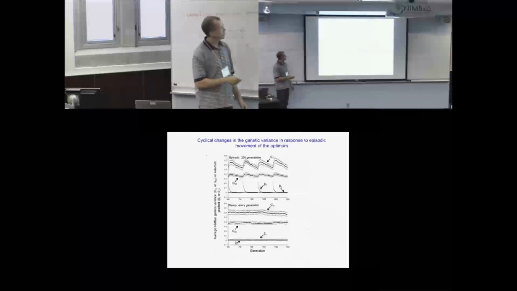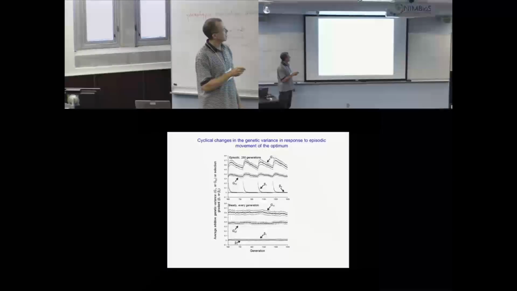This compares the steady case to the episodic case. We see that the genetic variances show this cyclical pattern of increases and decreases. The increase occurs right after the optimum jumps, and there's very, very strong directional selection that results in a large increase in genetic variance. Then gradually it goes back to a lower level once it catches up with the optimum.